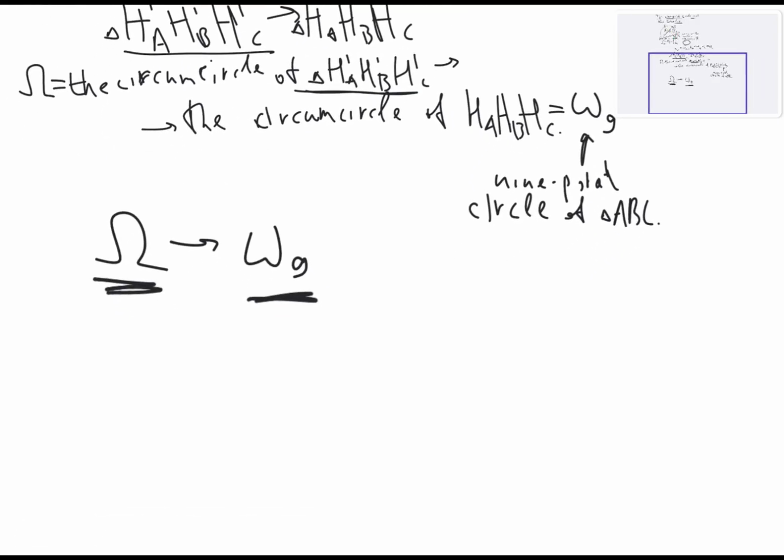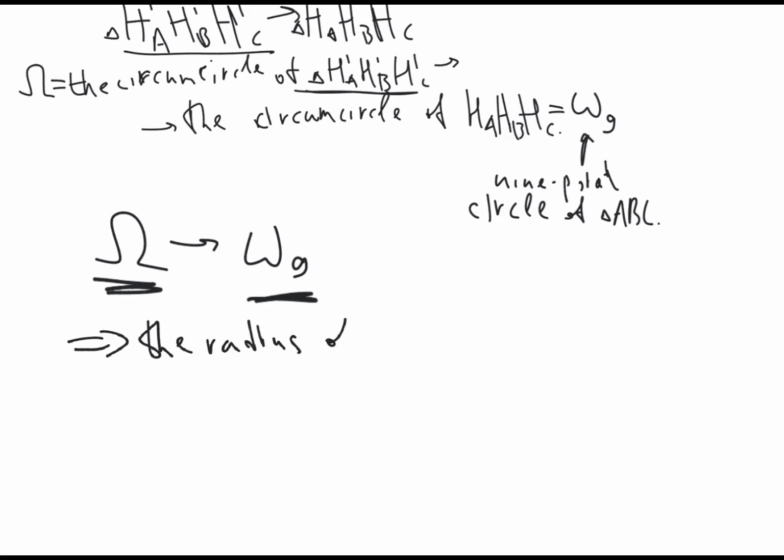So this means that the radius of the 9-point circle is equal to 1/2 of the radius of the circumcircle.